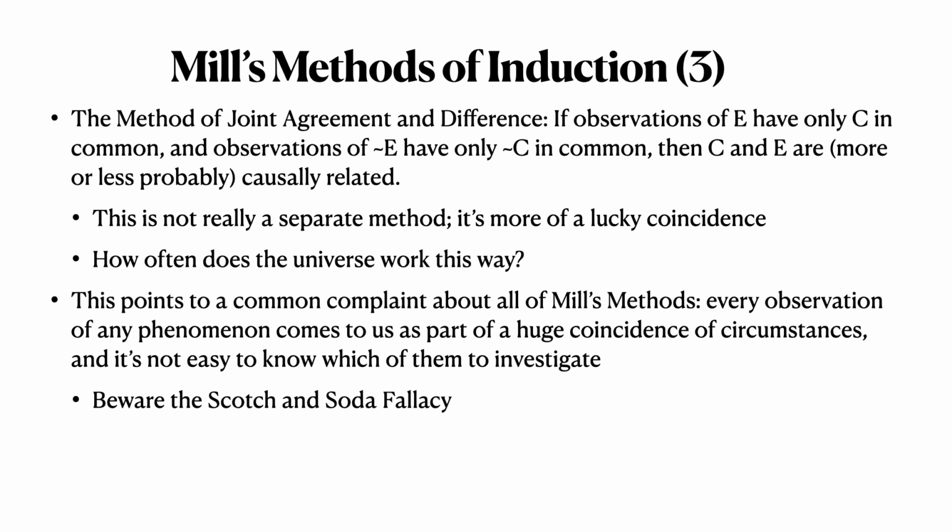But that doesn't quite end the story, and I think Mill has a comeback there, which is that if we fell for the scotch and soda fallacy, we would eventually eliminate the soda and see that the effect persists. And in that case, because of Mill's first method, we could eliminate the soda as a potential cause, and we would start to look for something else.